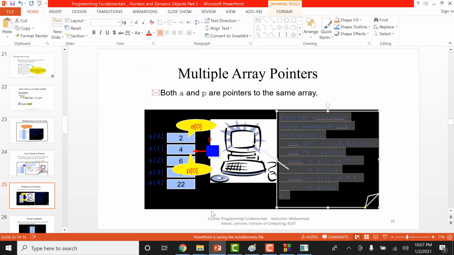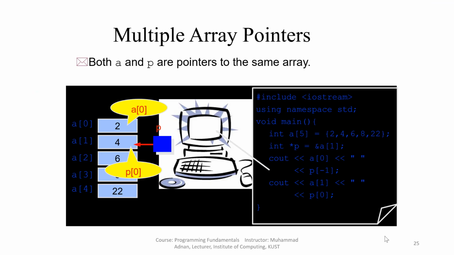Okay, let me check out the slides. So p was holding this, and it says that p of 0 is also pointing to this value, because they point to the same array. a of 0 will return us 2, and p minus 1 will give us 2.